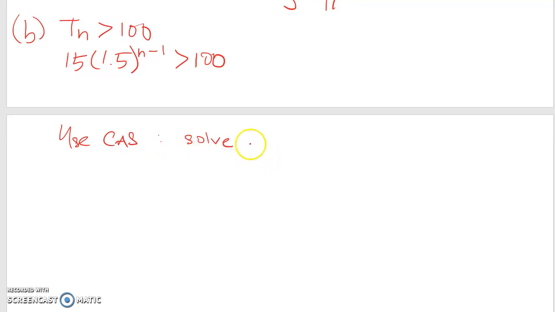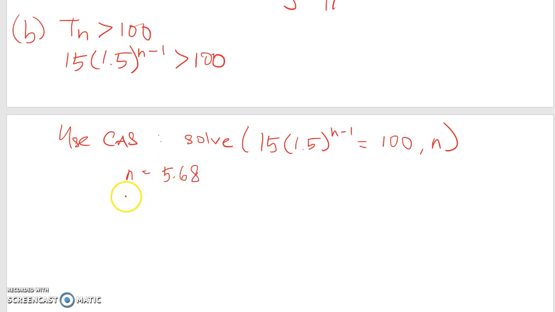This will be in your calculator function, and in your brackets you put 15, 1.5 to the power of n minus 1, is equal to 100, and you would solve for n. You press equals here, and it will solve it for you, and it will give you n is equal to 5.68, which basically tells you that n actually needs to be bigger than 5.68.